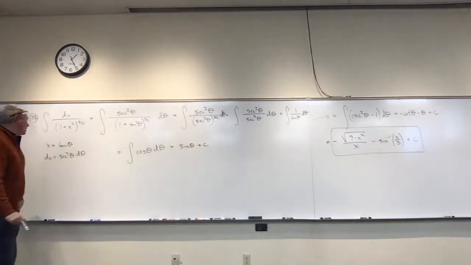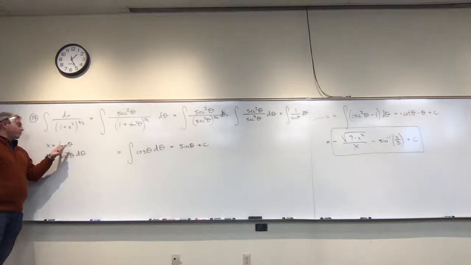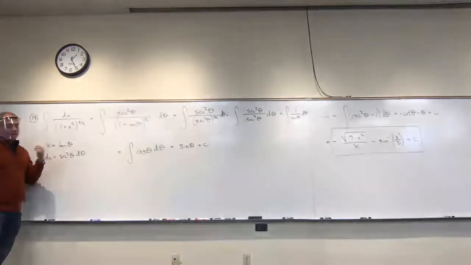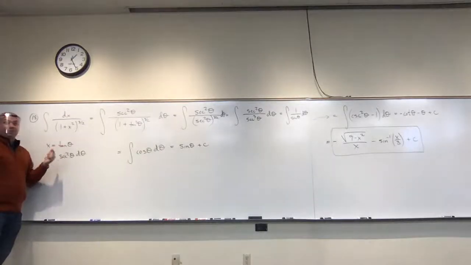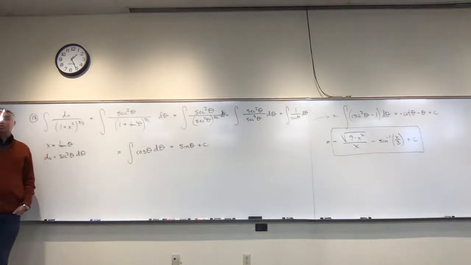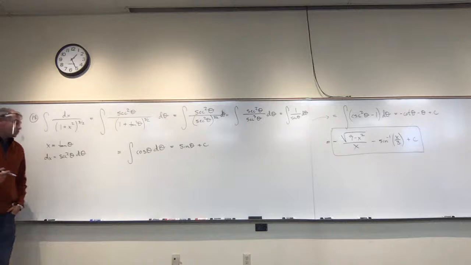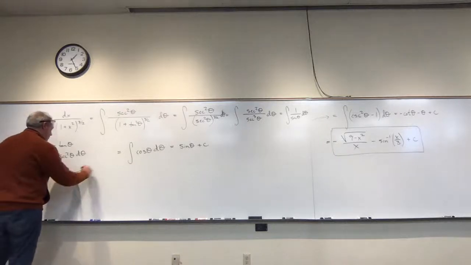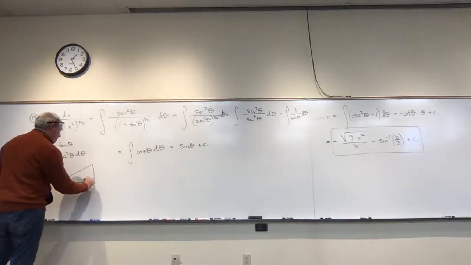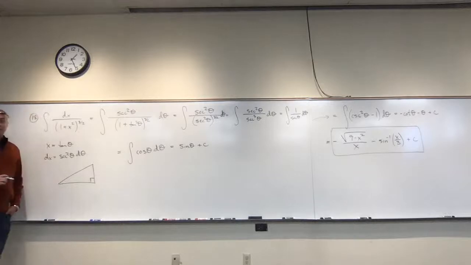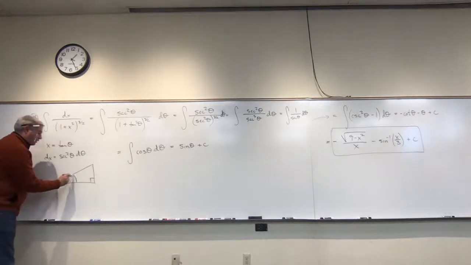All right, but I didn't start with a sine of theta. I started with a tangent of theta. So I need to use a reference triangle to get back, correct? So let's do that. So here's my right triangle. Here's my theta right here.